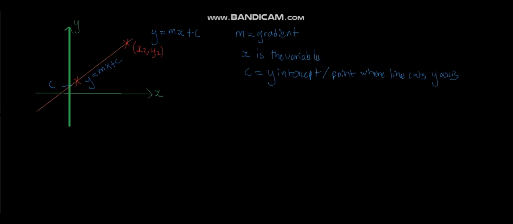Let's call this coordinate here x1, y1. Now the gradient of the line is given by selecting two coordinates and applying the following formula. M is equal to y2 minus y1 all over x2 minus x1.